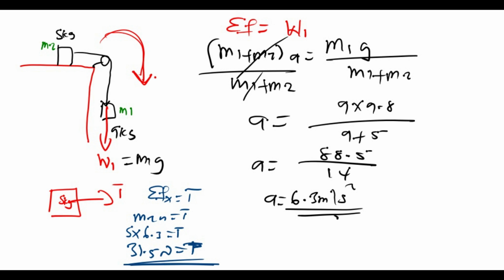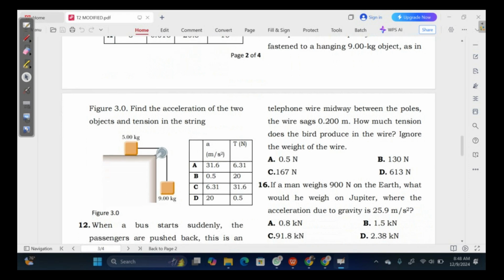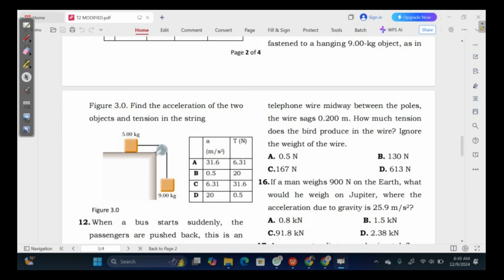Any question? It's clear. Let's check the answer. So acceleration 6.3, tension 31.5, of which we can clearly see that the answer is C.